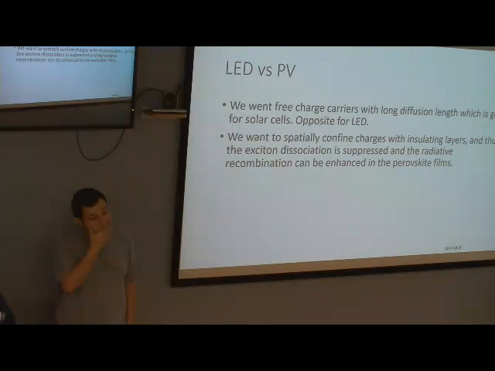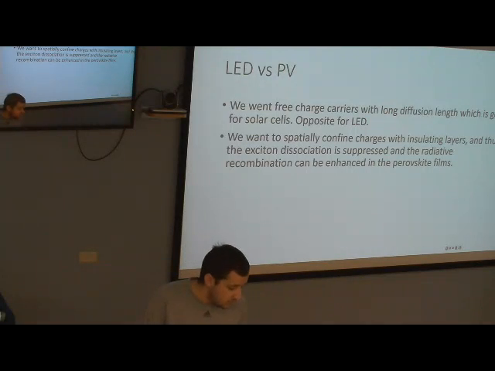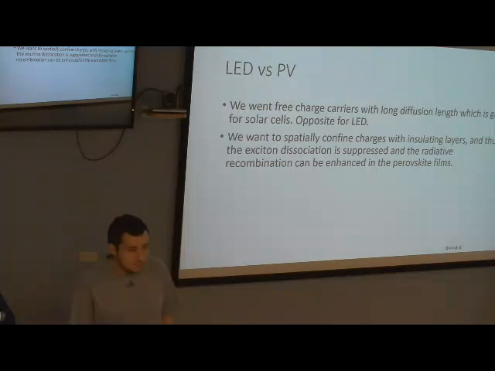Or is it like you have a capacitor and you have voltage going through and that excites it? Because if it's the first one where you have charges going through, wouldn't the charges need a long diffusion length in the material in both cases?